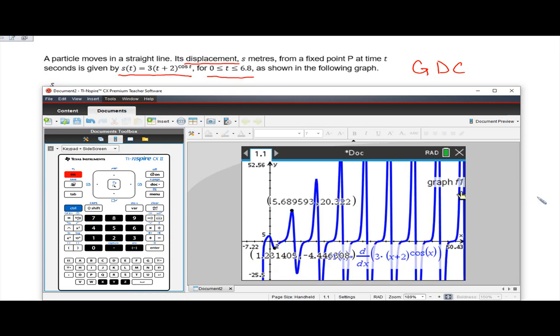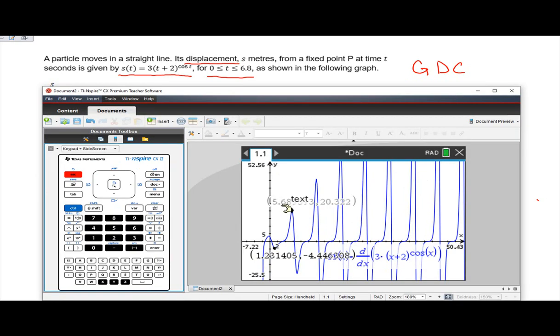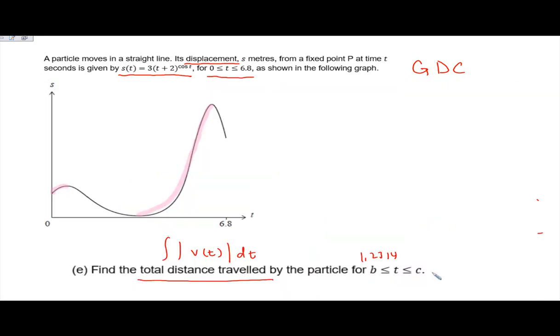So b is 1.2314, and our c value was 5.6895. Basically we need to integrate from 1.2314 to 5.6895 the absolute value of velocity.